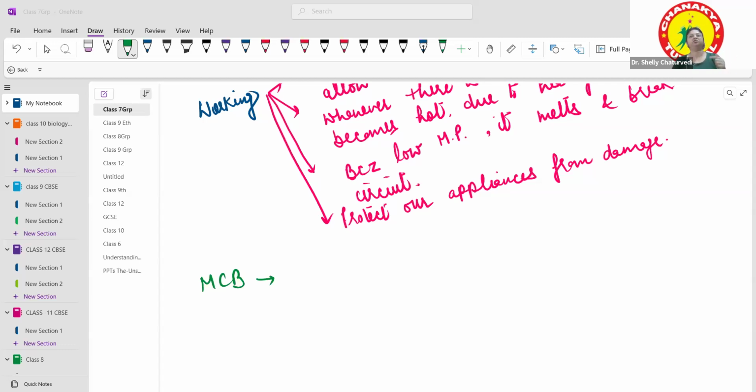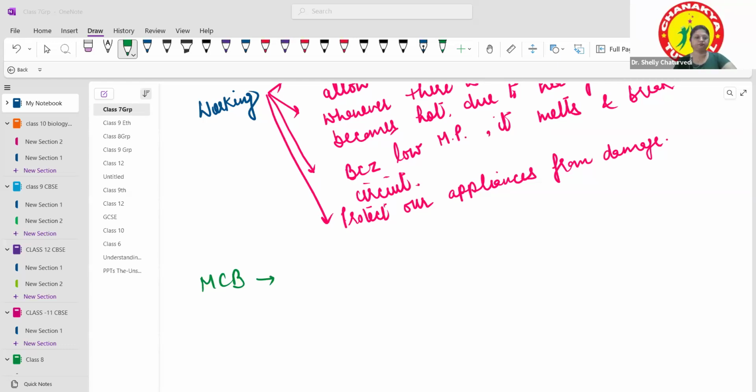The fuse wire, because it has high resistance, will hold the current. Because of the holding current, it will get heated, and because the melting point is already very low, it gets melted. And once it has melted, it stops the further supply of electricity beyond that. So the increased amount of current is not coming to your appliances.